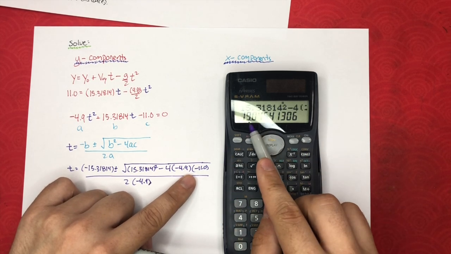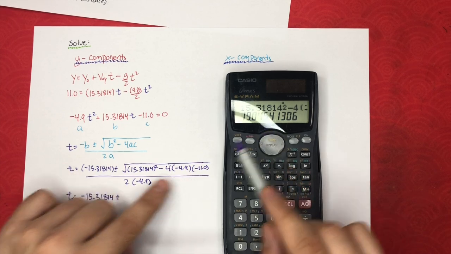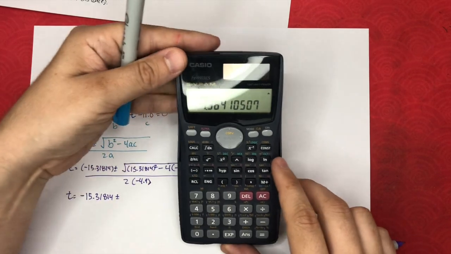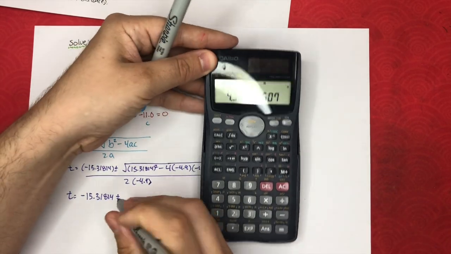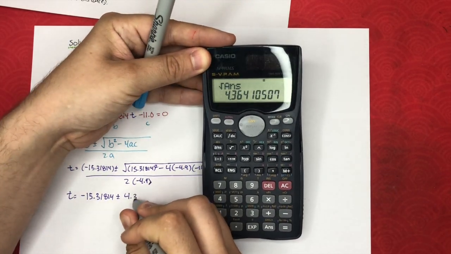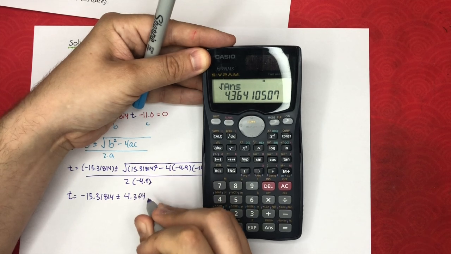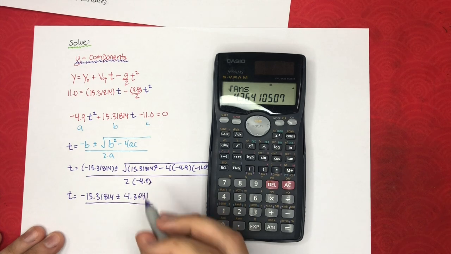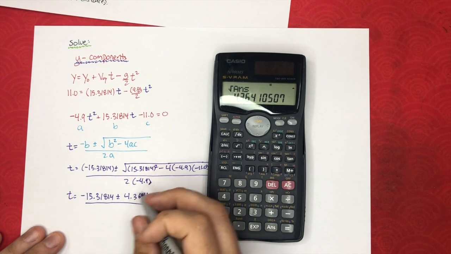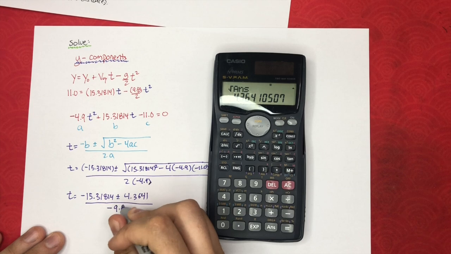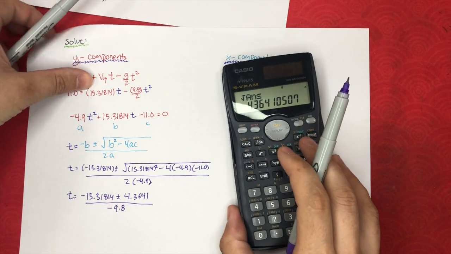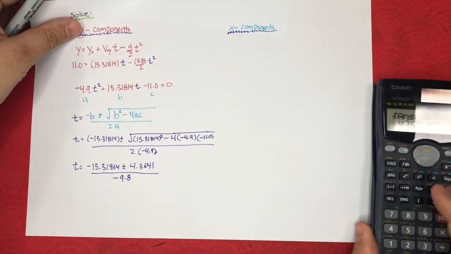That's going to give us a value of 19.0454, but that's under the square root. So I'm going to take the square root of this answer, and that's going to give me a value of 4.3641, and that's going to be all divided by 2 times negative 4.9. Well, 2 times negative 4.9 is negative 9.8. This is going to split us into two values for this time, okay? We're going to have to interpret what that time means, okay?